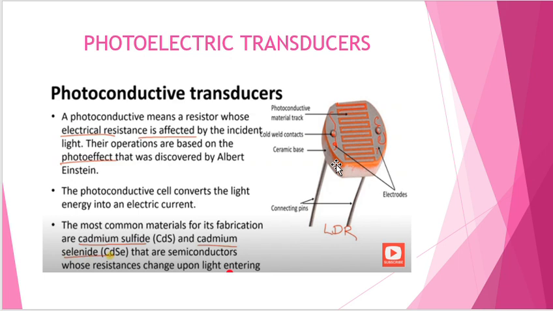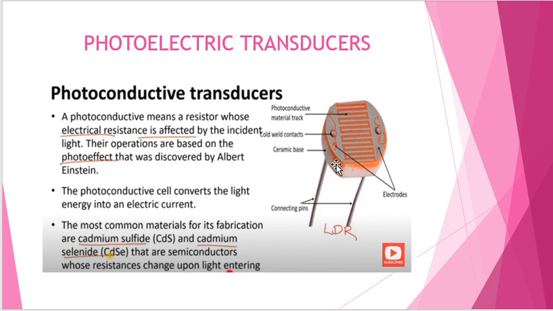We have set it up here, and these two terminals, as shown previously, are maintained in this case. This terminal will be connected here in a way that the positive is linked with the negative, and once that is done, the current will start flowing as soon as the light hits this photoconductive transducer.